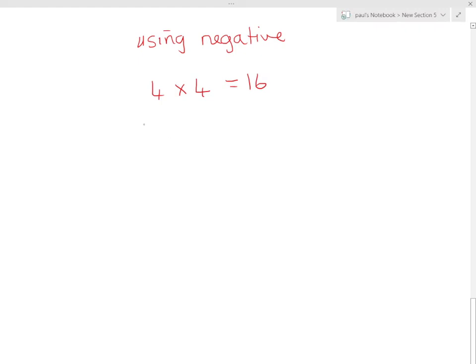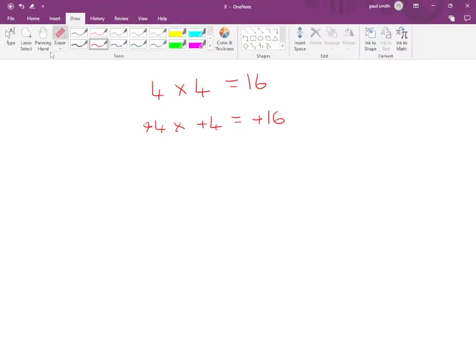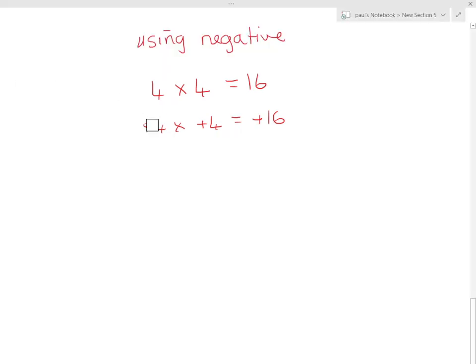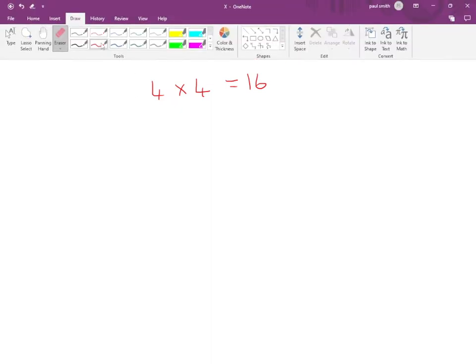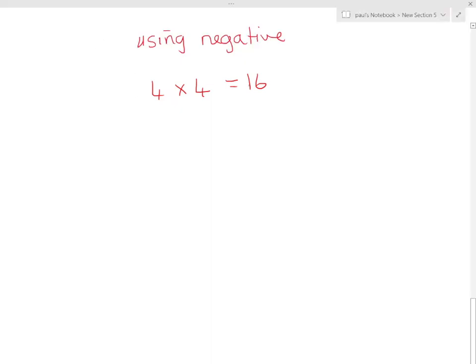We don't write plus 4 times plus 4 equals plus 16. It's just too much bother. So when we're multiplying two pluses together, we get a plus answer. So a plus times a plus equals a plus.